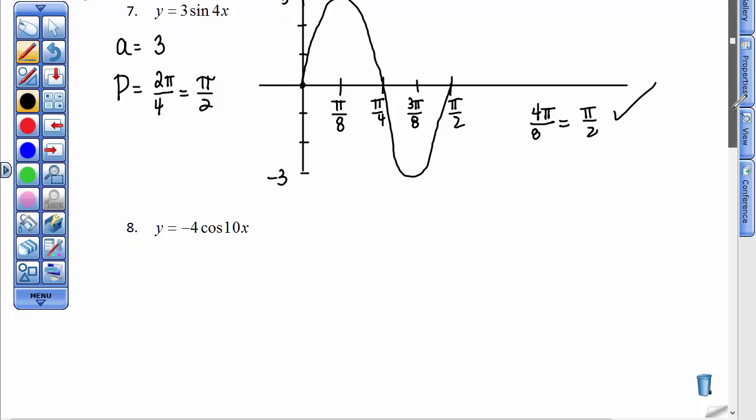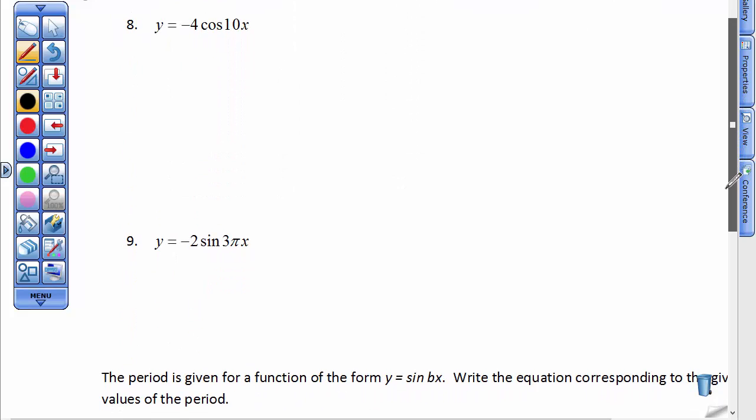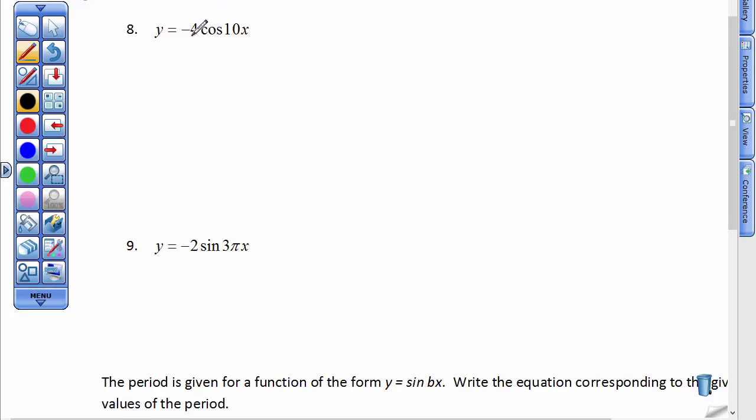Okay, let's now affect the amplitude by putting a negative sign in front of the cosine of x. So sometimes what I'll do is I'll say that the amplitude, because the book will say it's just 4, that's the height of the curve. But for my own sake, I'll use a color sometimes to remind myself that I have to go down below the x-axis, because my first output will be a -4 for this problem.